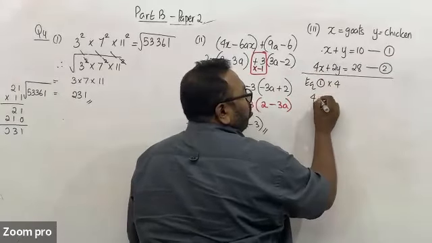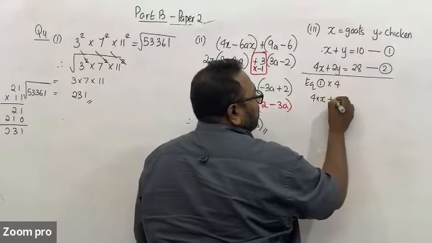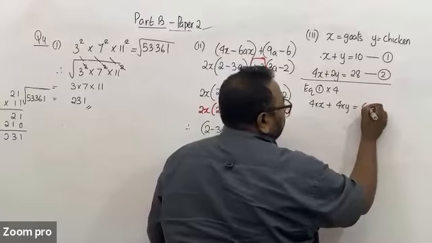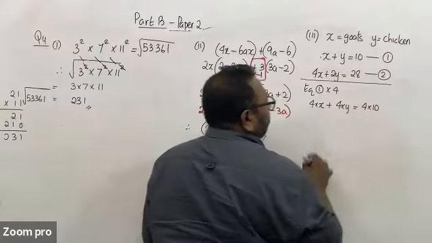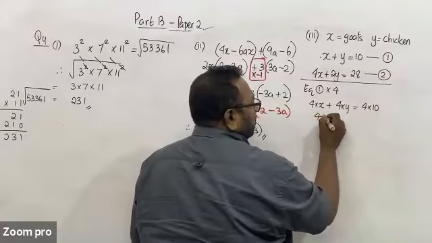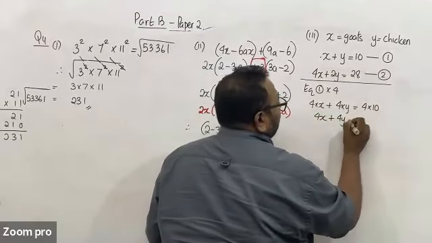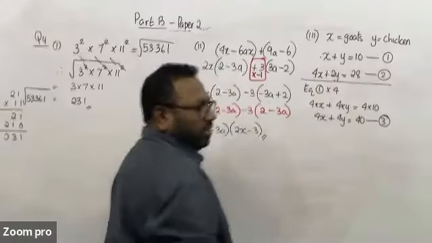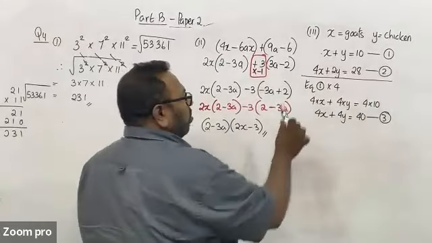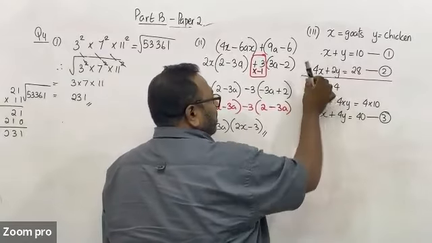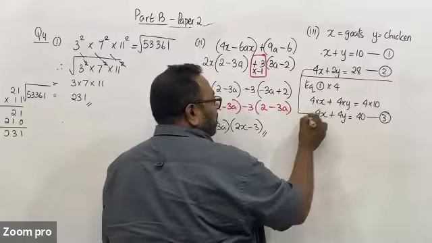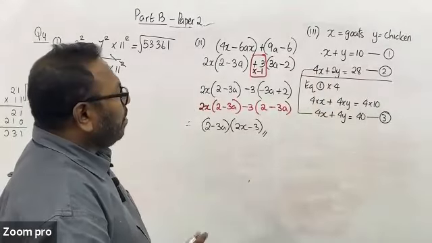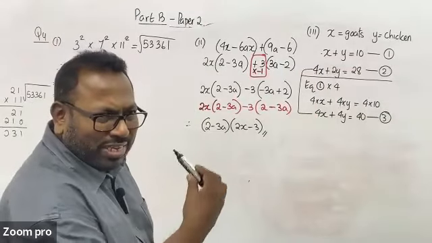So, 4 into x plus 4 into y is equal to 4 into 10. 4 into x is 4x plus 4y is equal to 40. This is your third equation. Okay. Now, in this equation, the coefficients are the same. That's what we want to make. Once the coefficients are the same, we can eliminate.